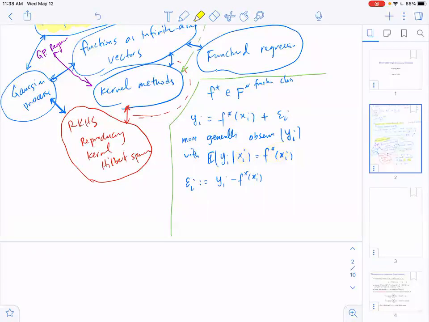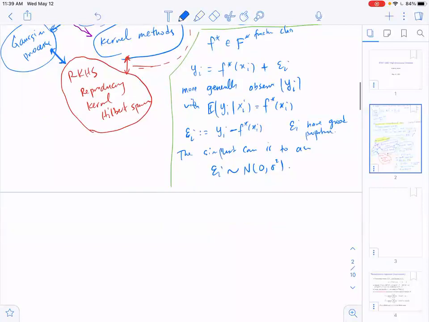Then you assume that the epsilon i's have good properties. The simplest case is to assume that epsilon i's are normal, with mean 0 and variance sigma squared. But more complicated models could depend on the mean as well, or on xi as well.